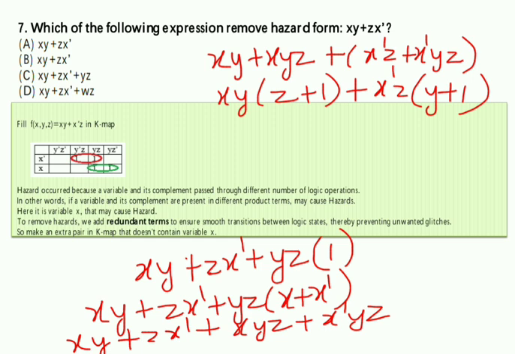So z plus 1 is 1 and y plus 1 is 1. So we'll get xy plus x dash z. Hence proved, in the reverse way also. Okay. So next one.